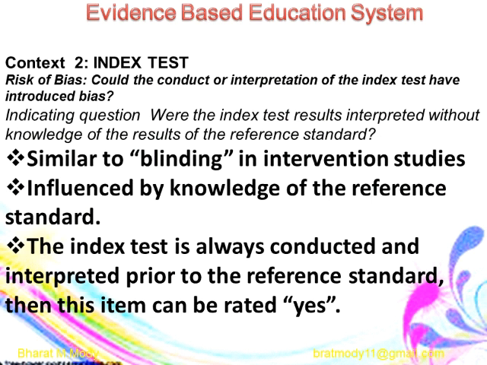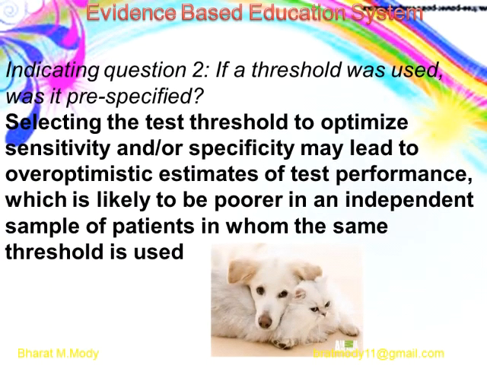Blinding in diagnostic studies is most influential. If you have the knowledge of the reference standard, it will influence your index study also, so bias will be introduced. Personal bias of the person doing it will come into the picture. So the index test is always conducted and interpreted prior to the reference standard, because the reference standard is the basic standard which you have been utilizing throughout. The index test is something new which you are trying out. So first do that, and don't go to the reference standard where you have the knowledge about it.